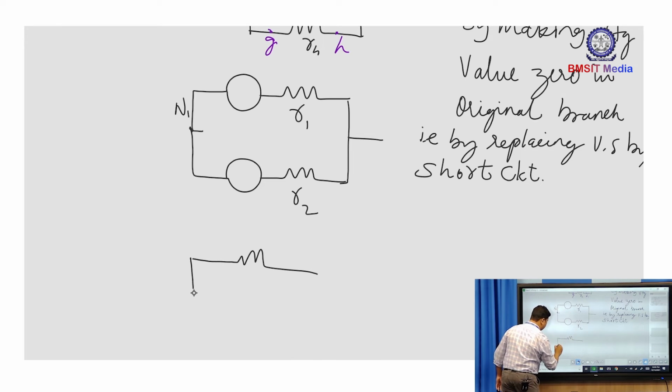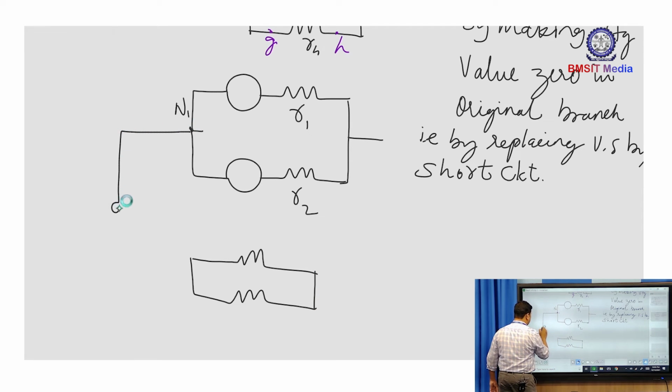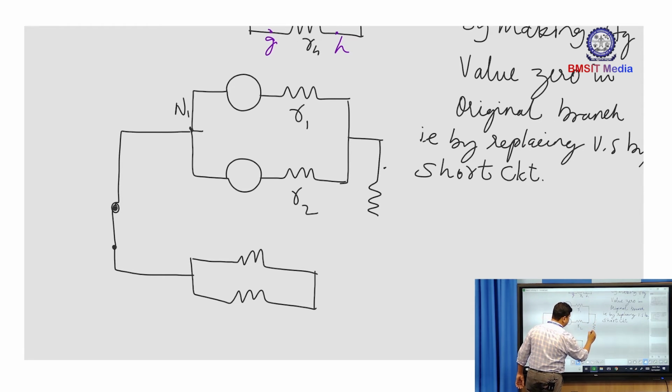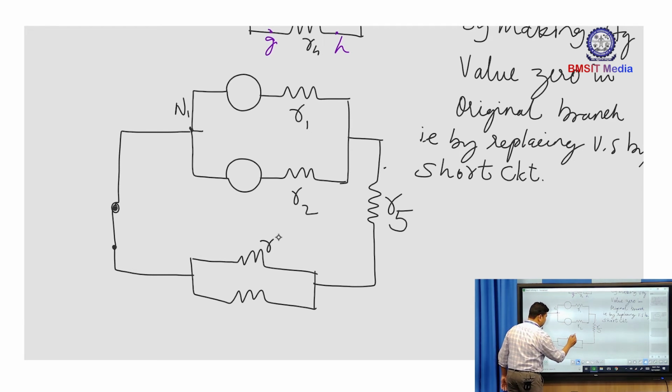This is R3 and this is R4. Now in the original branch, the voltage source is replaced by the short circuit. We have a resistance R5.